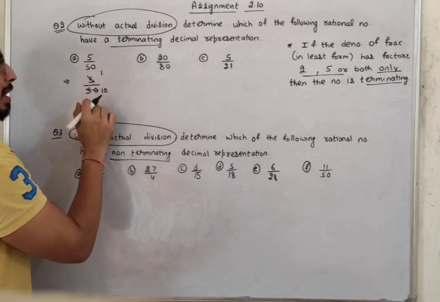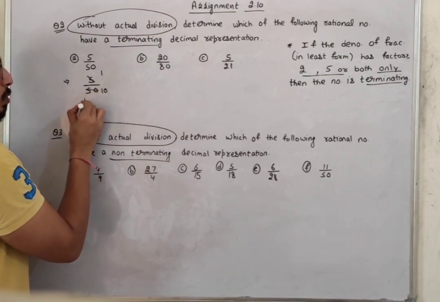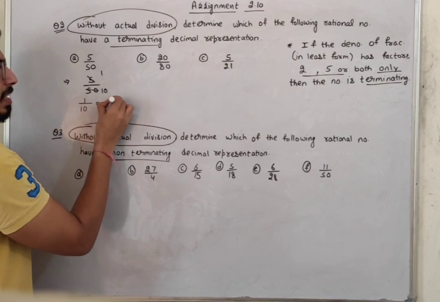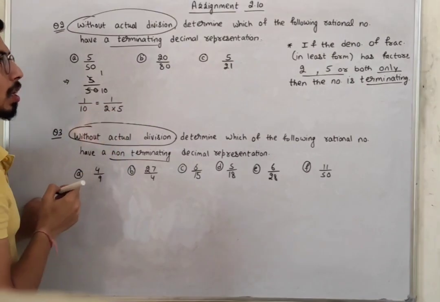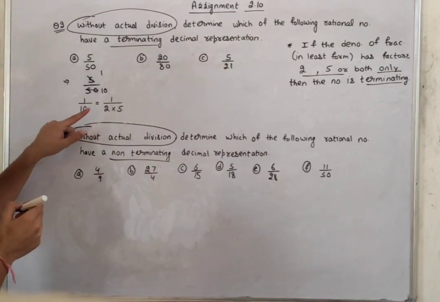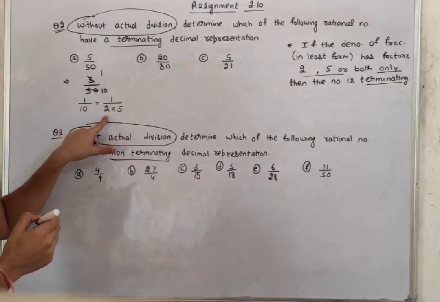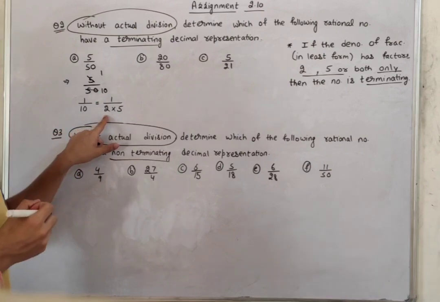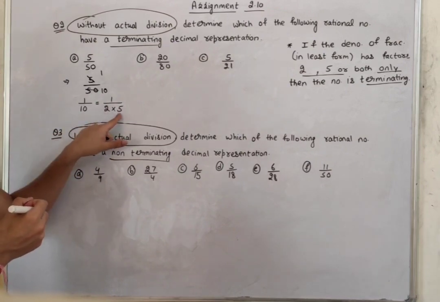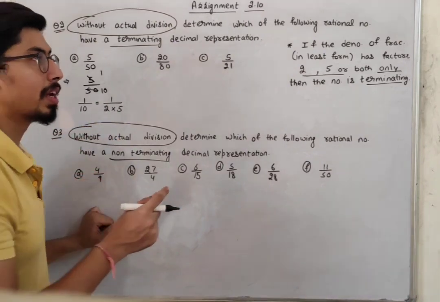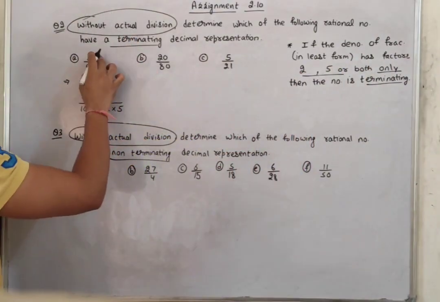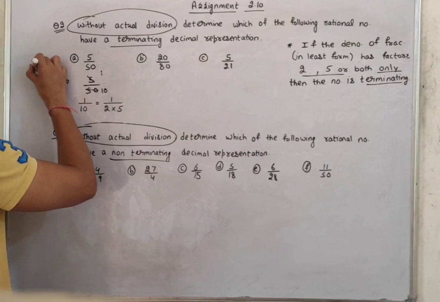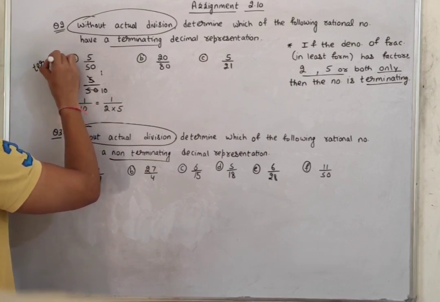So 1 by 10, students, I can write it as 1 upon 2 into 5. So see, the denominator contains only 2 and 5 as its prime factors. Yes, both 2 and 5 are there. So yes, 5 by 50 is terminating.